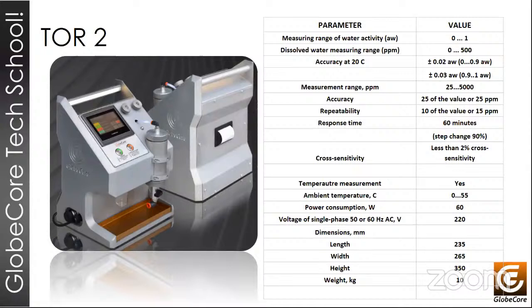The response time in this device is very low, less than 60 minutes. It has very low cross sensitivity, below 2%. The power consumption is just 60 watts, and the dimensions are quite suitable for operation in the field because it weighs less than 10 kilograms. That would be about 20 pounds.